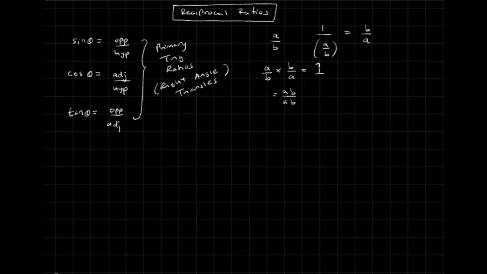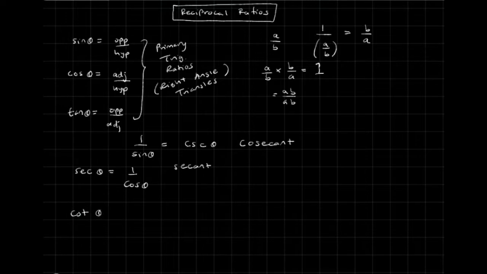Anyways, these have reciprocal ratios, and the reciprocal of sine theta, 1 over sine theta, is equal to something called cosecant theta. So cosecant is the reciprocal of the sine ratio. The reciprocal of cosine is something called secant, and secant is 1 over cosine theta. And the reciprocal of tan is something called cotangent.